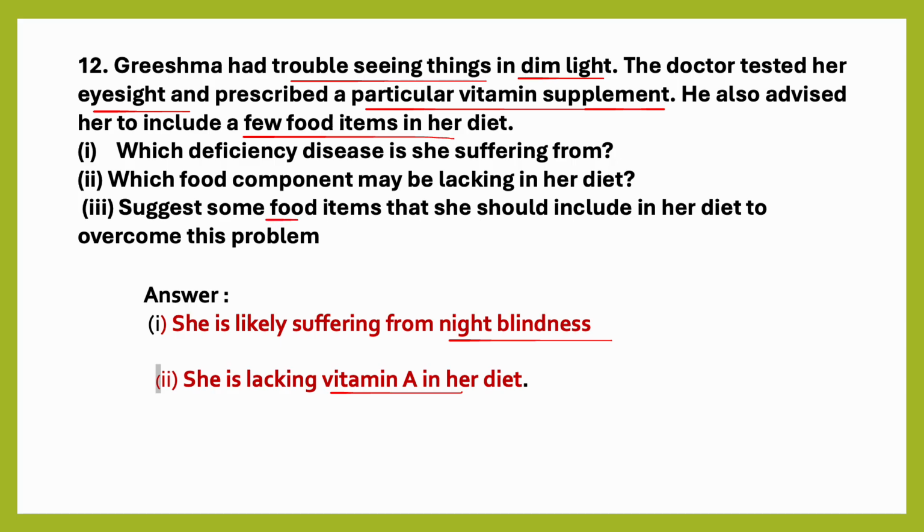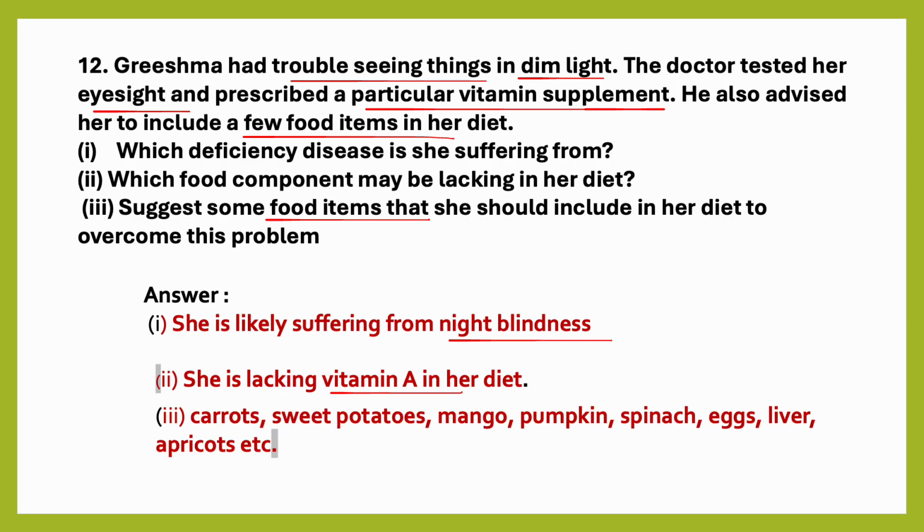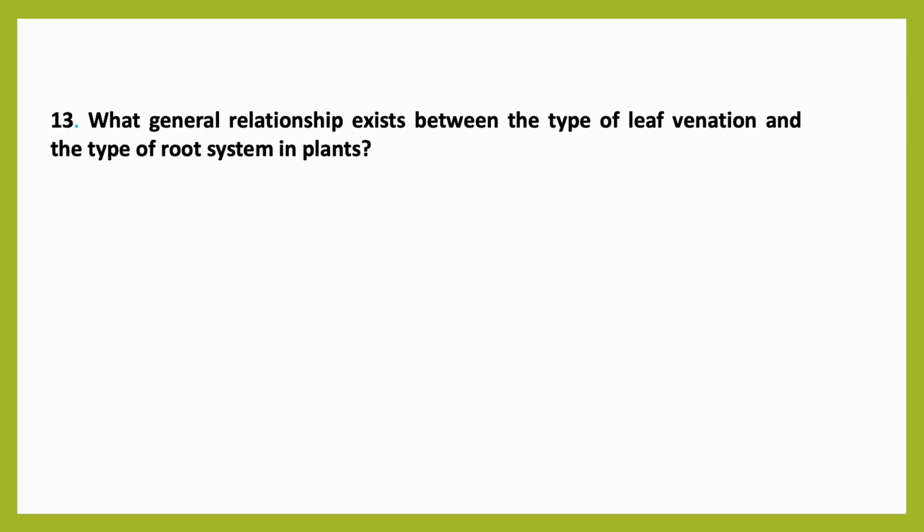Suggest some food items that she should include in her diet to overcome this problem. She must take carrots, sweet potatoes, mango, pumpkin, spinach, eggs, liver, apricots, etc. These things are rich in vitamin A. What general relationship exists between the type of leaf venation and the type of root system in plants?